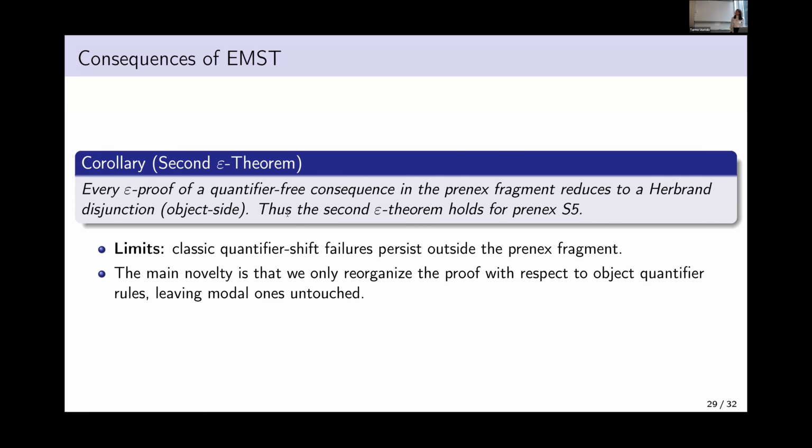Another corollary is the second epsilon theorem: every epsilon proof of a quantifier-free consequence in the prenex fragment reduces to a Herbrand disjunction over objects only. And so the second epsilon theorem holds for prenex as well.